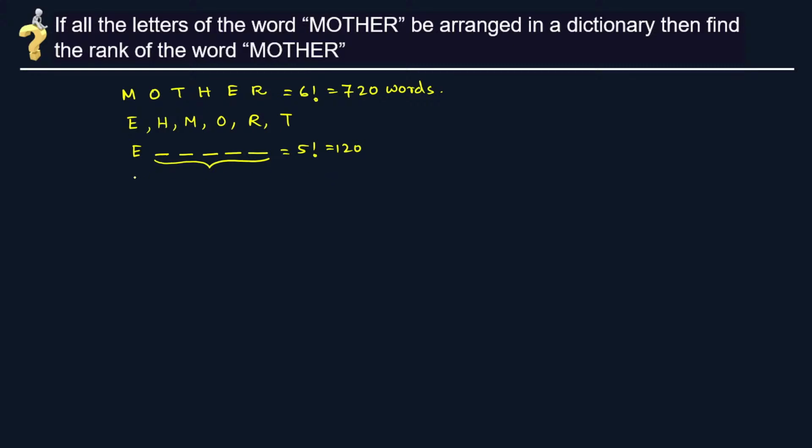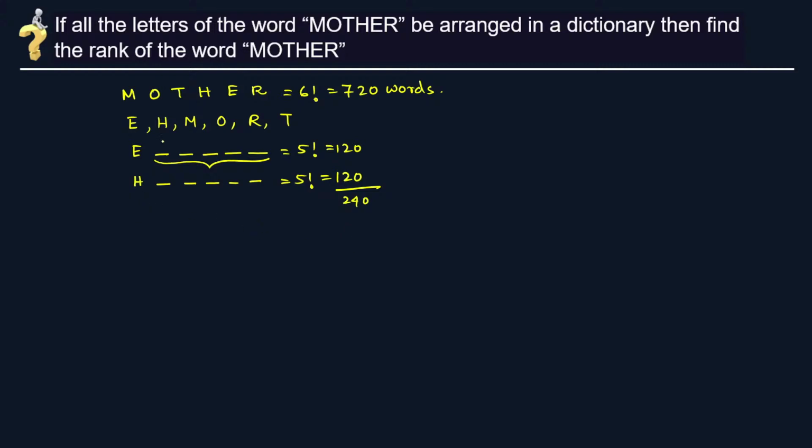After that, it will go alphabetically, so naturally H will come. And again in that case, the total number of words formed is 120. So till this point it's 240. So all those 240 words are placed in the dictionary.